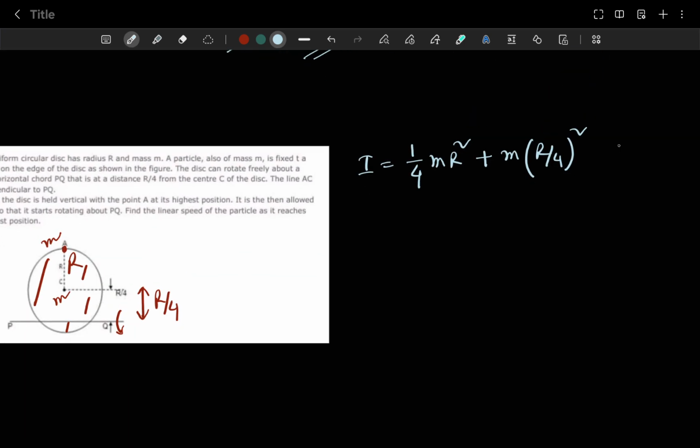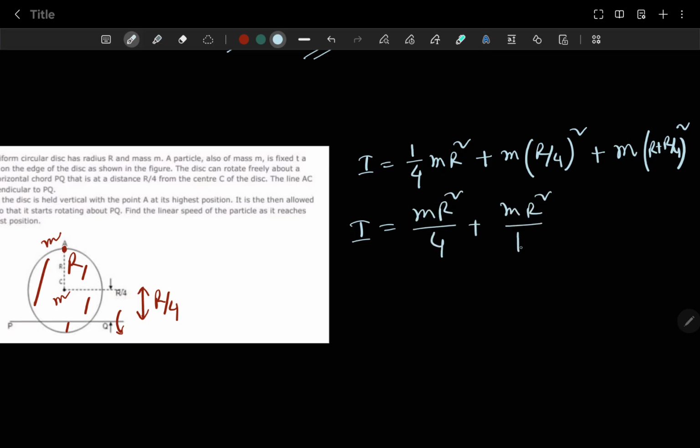Now what is the moment of inertia of the point mass? It will be m into (r plus r/4) whole square. The distance of this point mass from the axis is r plus r/4, so it is this. So it will be mr square by 4 plus mr square by 16 plus m into 5r by 4, that is 25r square by 16.